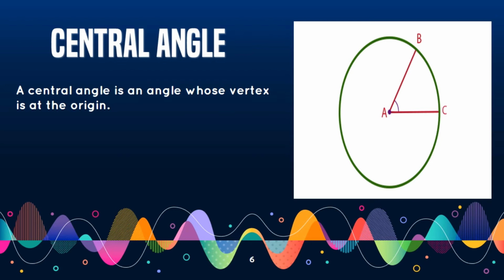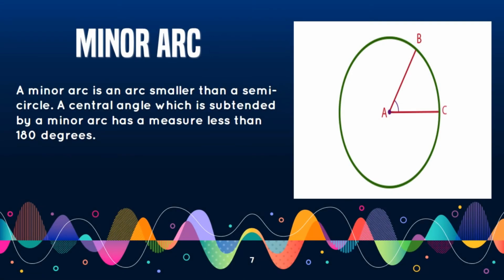We have angle BAC, which is a central angle, since the vertex can be found at the center of the circle, in this case point A, and the rays of the angle are the two radii of the circle, which is line segment AB and line segment AC. The arc BC can be considered already an arc.